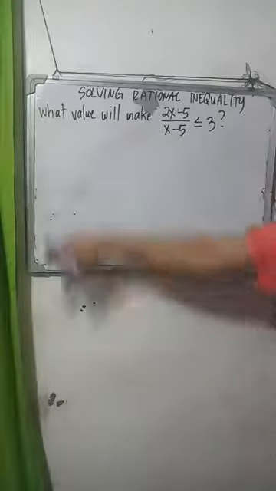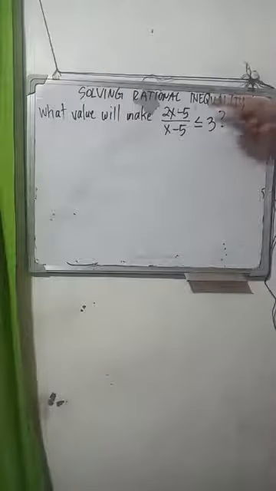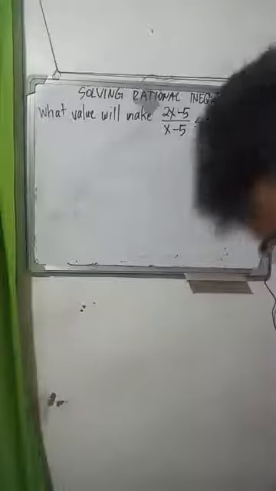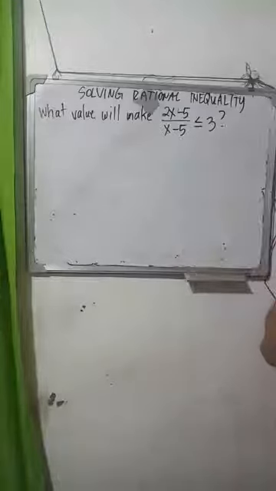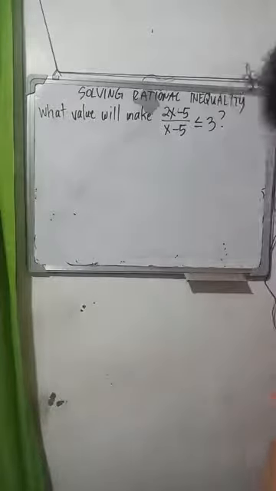Okay, this one. What value will make 2x minus 5 over x minus 5 less than or equal to positive 3? Last time, nag-upload ako ng video about rational inequality.